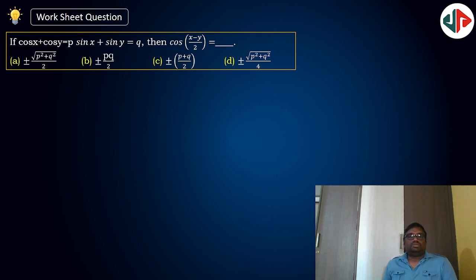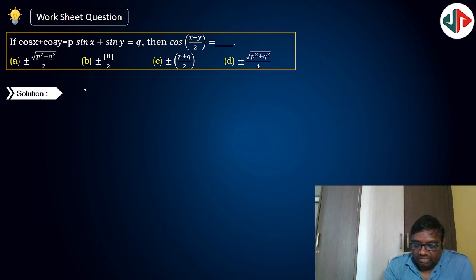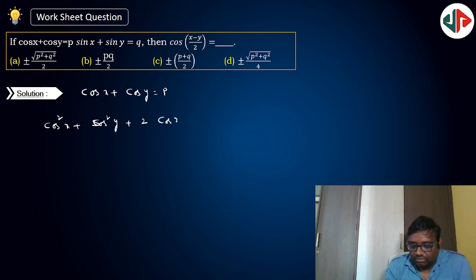If cos x plus cos y is equal to p, and sin x plus sin y is equal to q, then what is the value of cos of (x minus y)/2? If we consider cos x plus cos y is equal to p, squaring on both sides, what will we get here? cos square x plus cos square y plus 2 times cos x into cos y is equal to p square.